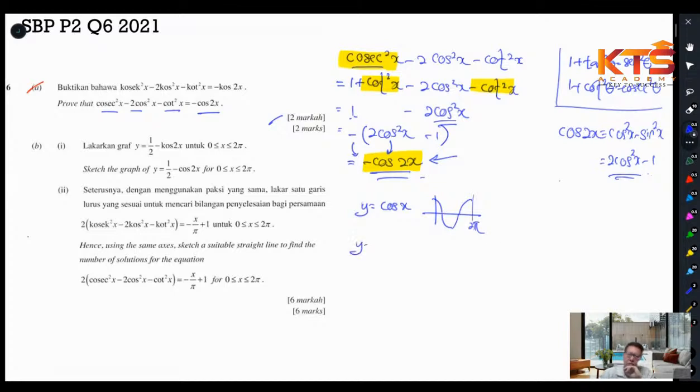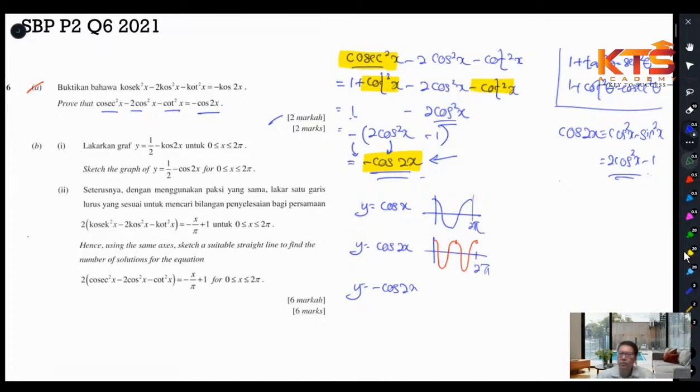And from here, I will be able to draw this. 2x means 2 cycles. In 2 pi, you will be able to draw 2 cycles. That means 1 cos and another cos, 2 cycles like that. And it is a negative, so the next thing I will draw is y equals to negative cos 2x.